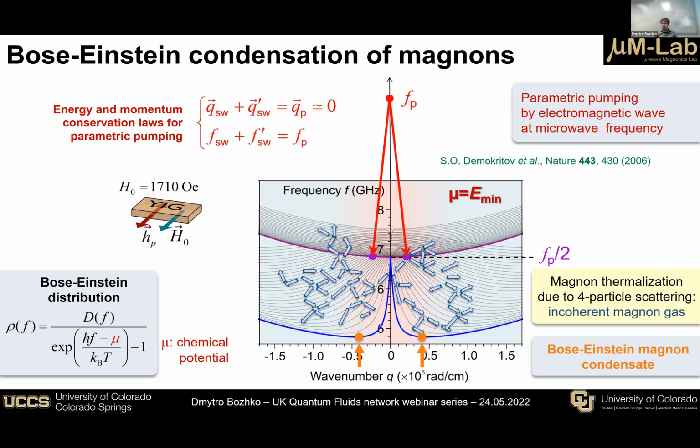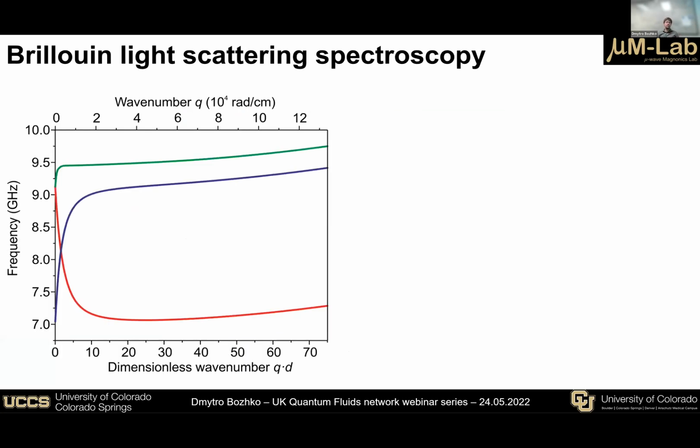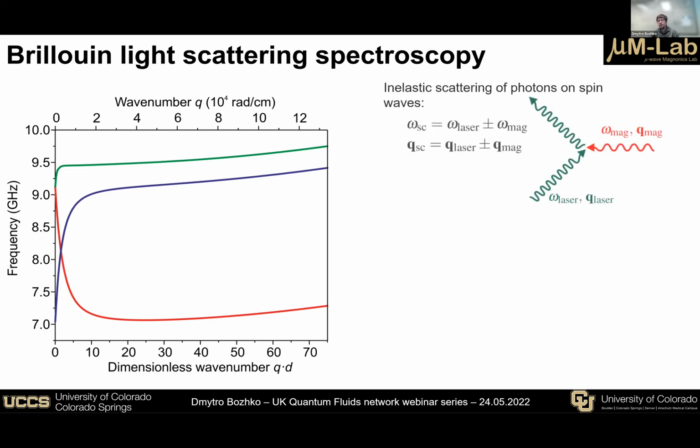So the easier, and moreover more wave vector selective, way is to use non-destructive optical spectroscopy techniques in order to detect it. The tool of choice for us is Brillouin light scattering spectroscopy, which is nothing else but inelastic scattering of photons on spin waves.